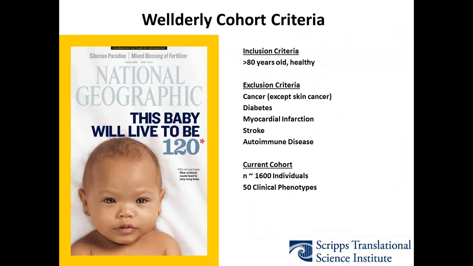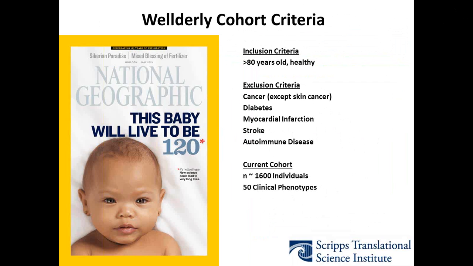There's a much longer list of ICD-9 codes, but this is what it comes down to. And the total cohort is about 1,600 individuals. It's probably slightly above 1,600 individuals right now, and we have some clinical phenotypes on these individuals.